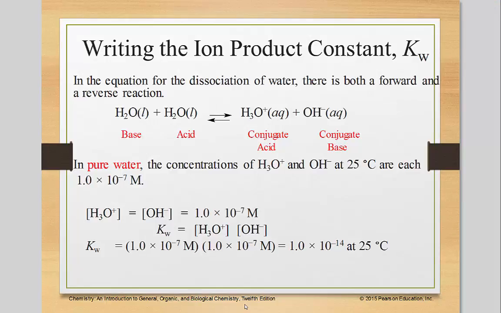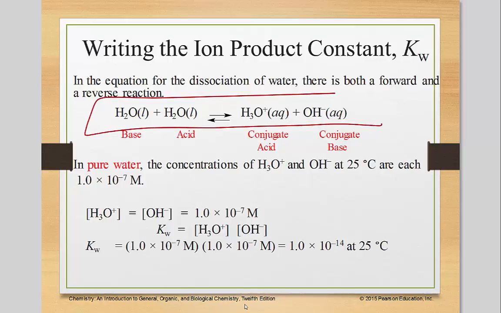When we start looking at how often this happens, it's actually a very small amount, but because it's constant, we're able to compare it in different solutions and by adding different chemicals. In pure water, this is happening 1 times 10 to the negative 7 times.